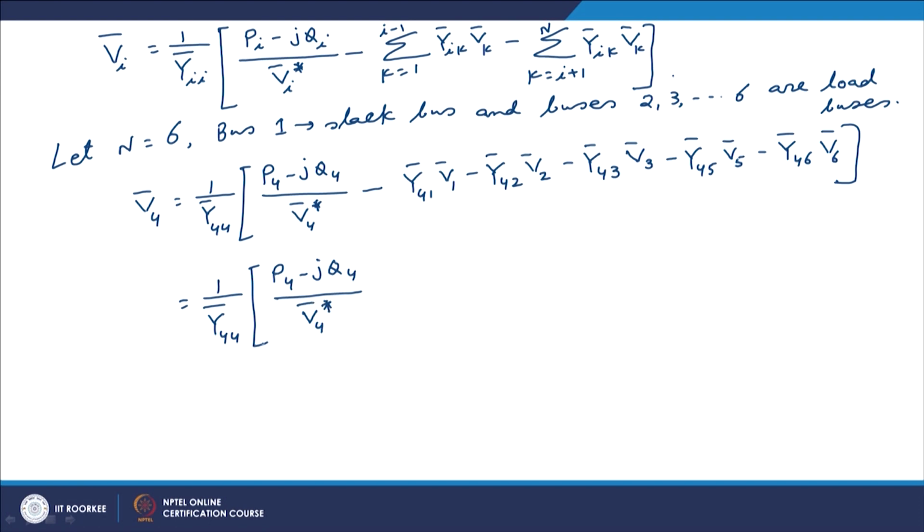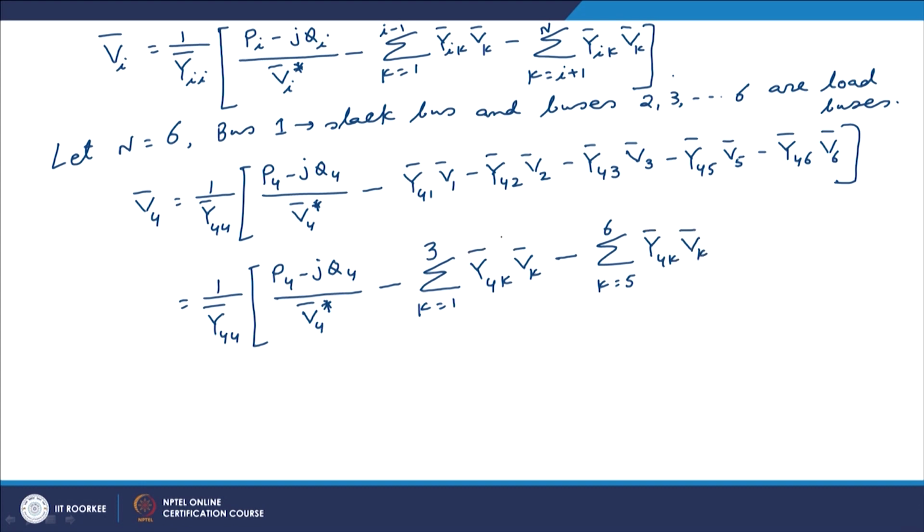Now, we take these three together, the sum for k equal to 1 to 3 of Y4k Vk, and then these two together, the sum for k equal to 5 to 6 of Y4k Vk.